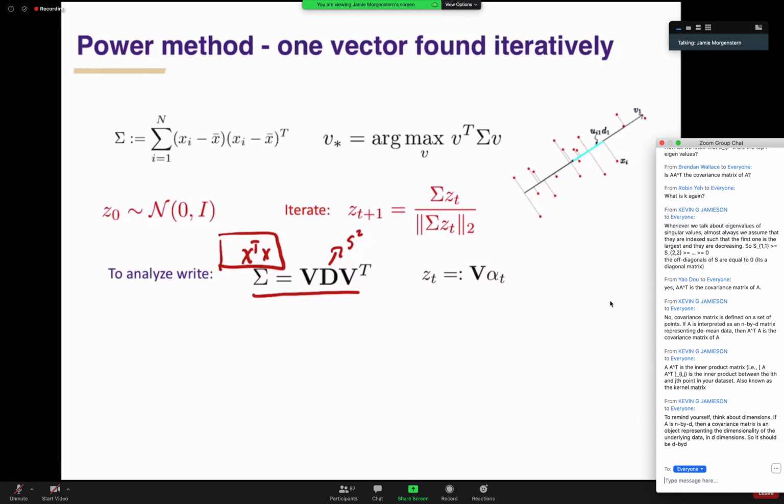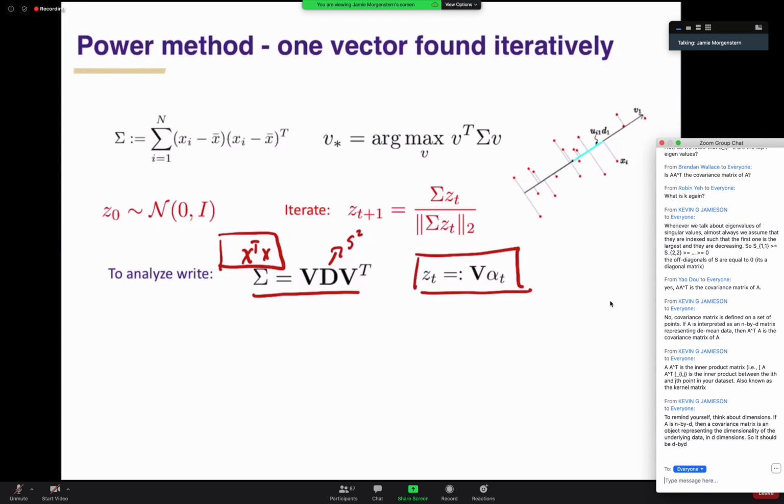Okay, so we can think about our covariance matrix this way. And we can also represent Z_t as a linear combination of the vectors in V. That's simply true because V has orthonormal columns. So we can look at this representation of each of our vectors as we iterate. Okay.